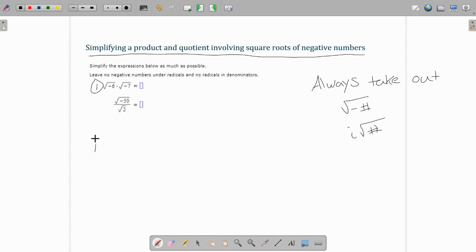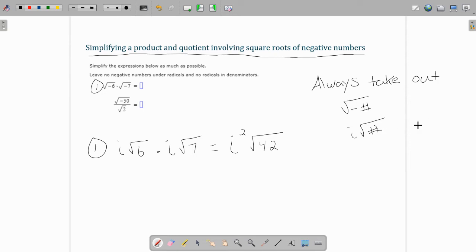Number 1, take out the negative. We get i square root 6 times i square root 7. Now we can multiply these together. So we get i squared, which I mentioned earlier, times square root 42.